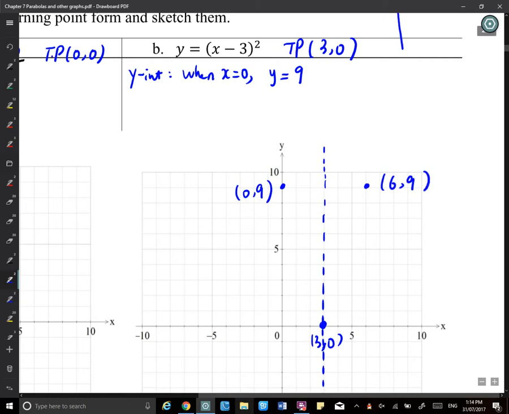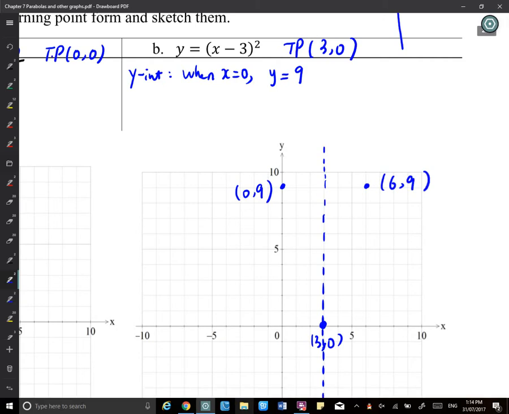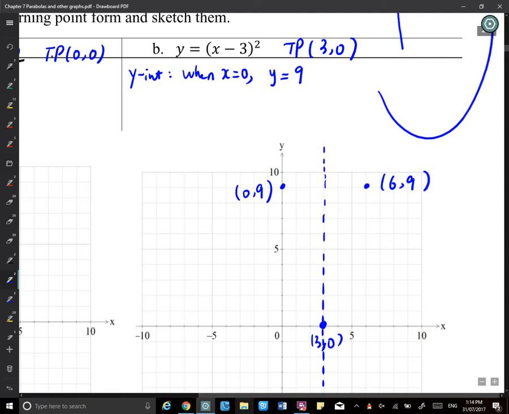So you better label a symmetrical point because your graph needs to look symmetric. Something like that is definitely incorrect, you must make it look symmetric. So you will have this graph here.